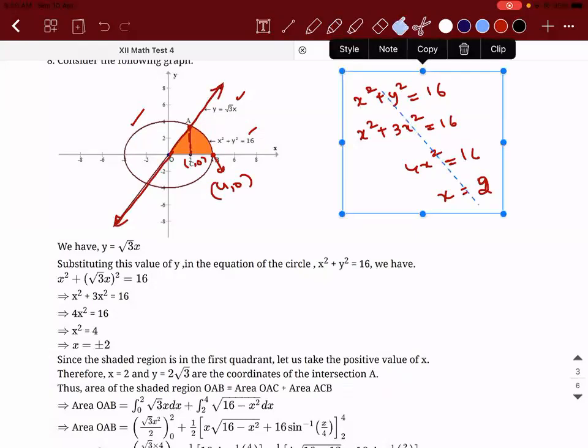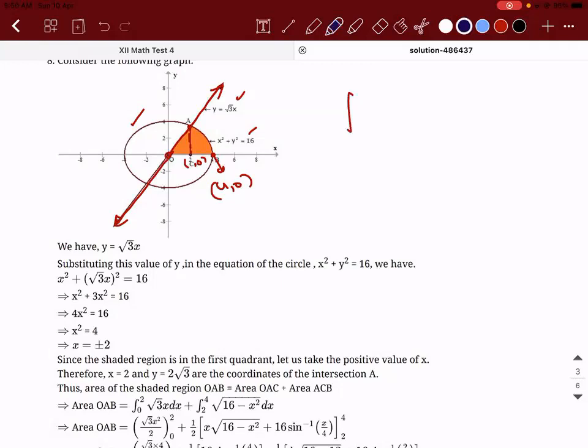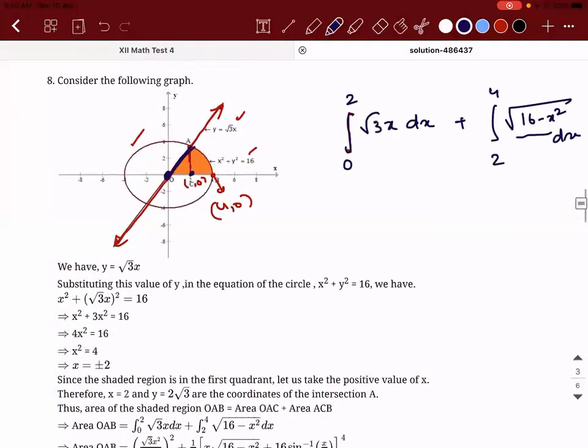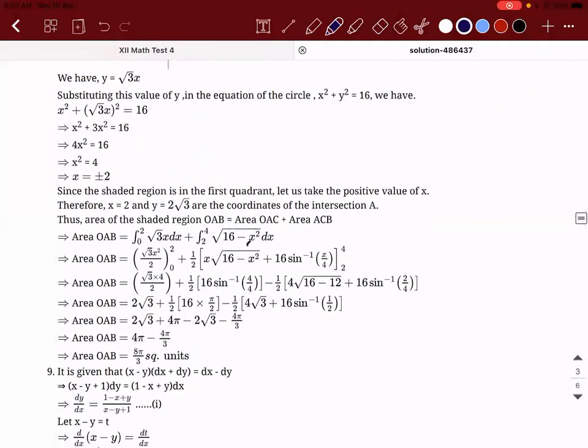Integral starting with 0, from 0 to 2, you will use the curve, that is root 3x dx, plus integral of 2 to 4. What you will do is root of 16 minus x square dx. So for root of a square minus x square, you already have a formula: x by 2 root of a square minus x square plus a square by 2 into sine inverse of x by a.